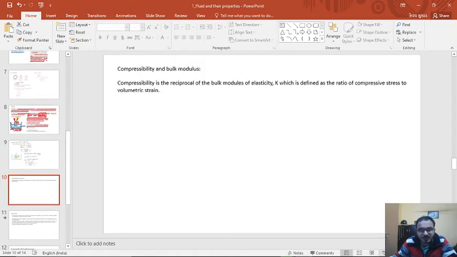Now our next theory is compressibility and bulk modulus.